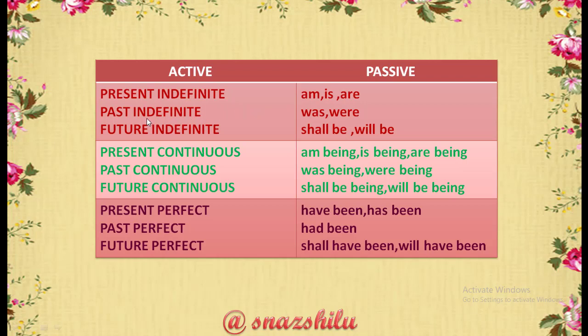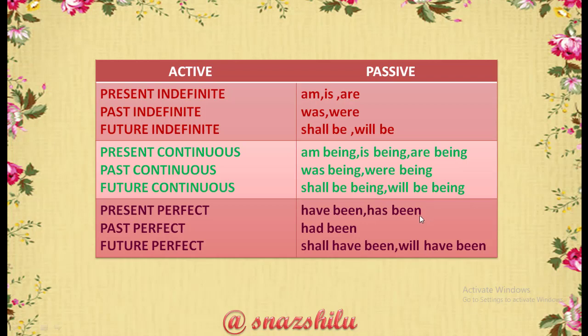And as per the rule, for the past indefinite tense we will use was or were. For future indefinite tense we will use shall be or will be. For the present continuous tense, we just add being with am, is and are. For the past continuous tense, we add was being, were being, and future continuous shall be being, will be being.